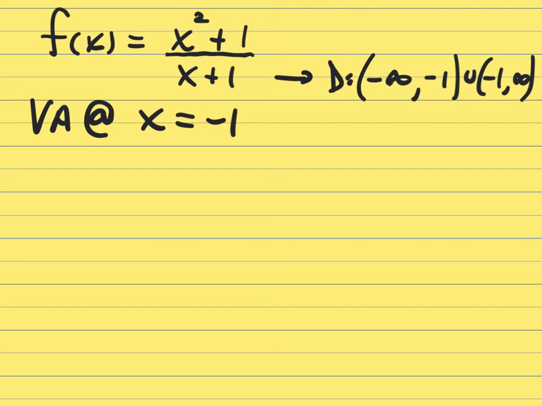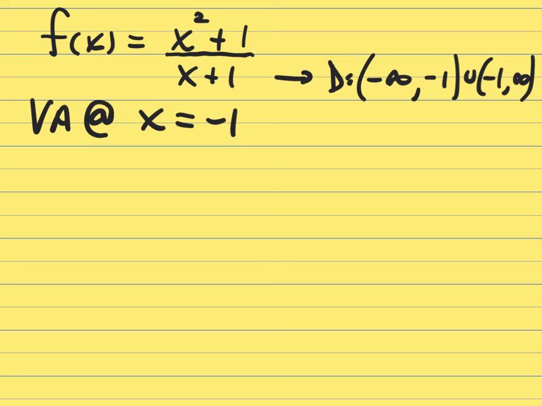Remember, if you can cancel out the x plus 1 with a factor from the numerator, then it signifies where a hole is located, not a vertical asymptote. A hole is just a missing pixel, whereas a vertical asymptote is like an invisible barrier that your graph will not cross, and it actually most times will diverge away from each other. Not every time. So domain, vertical asymptote, no hole.